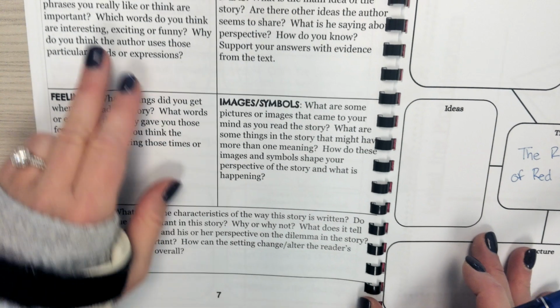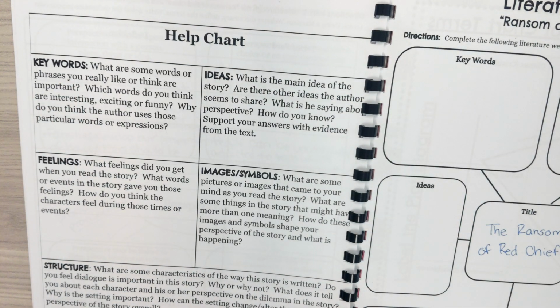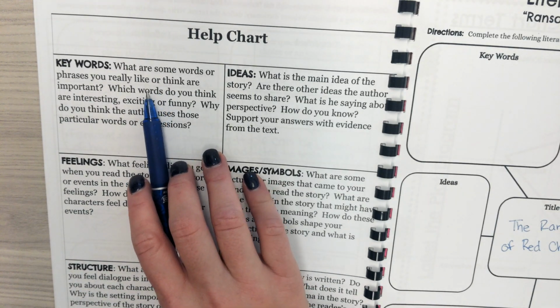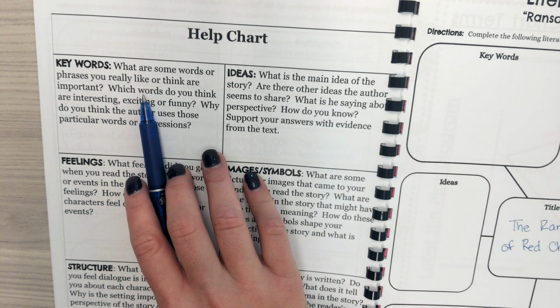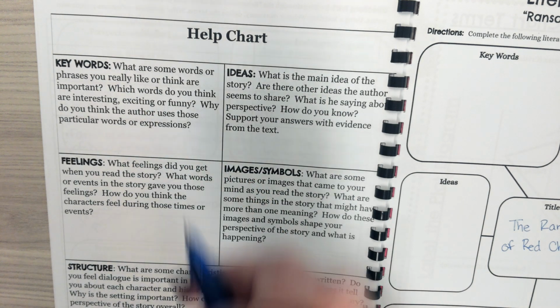I say we just start with keywords since that's right here. All right, so keywords. Let's see. This reads, what are some of the words or phrases you really like or think are important? So that's one question.